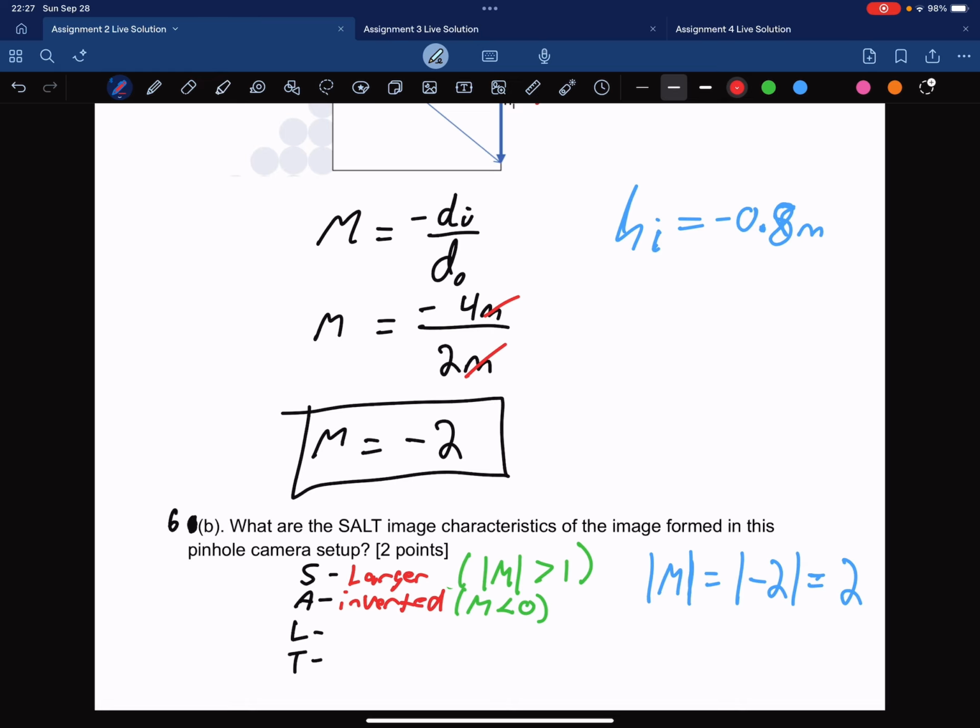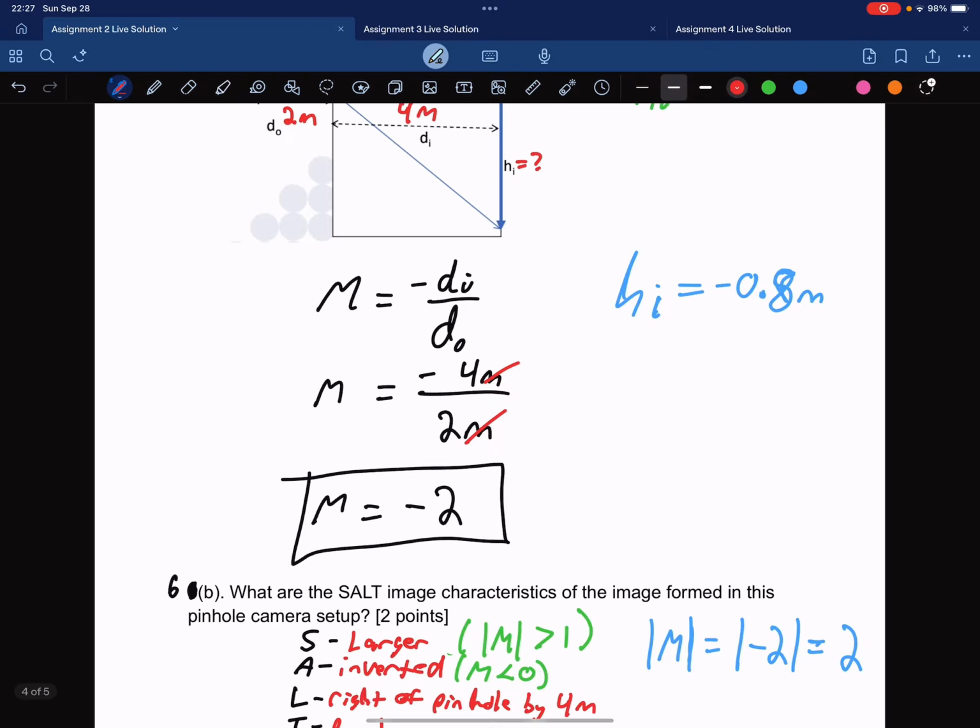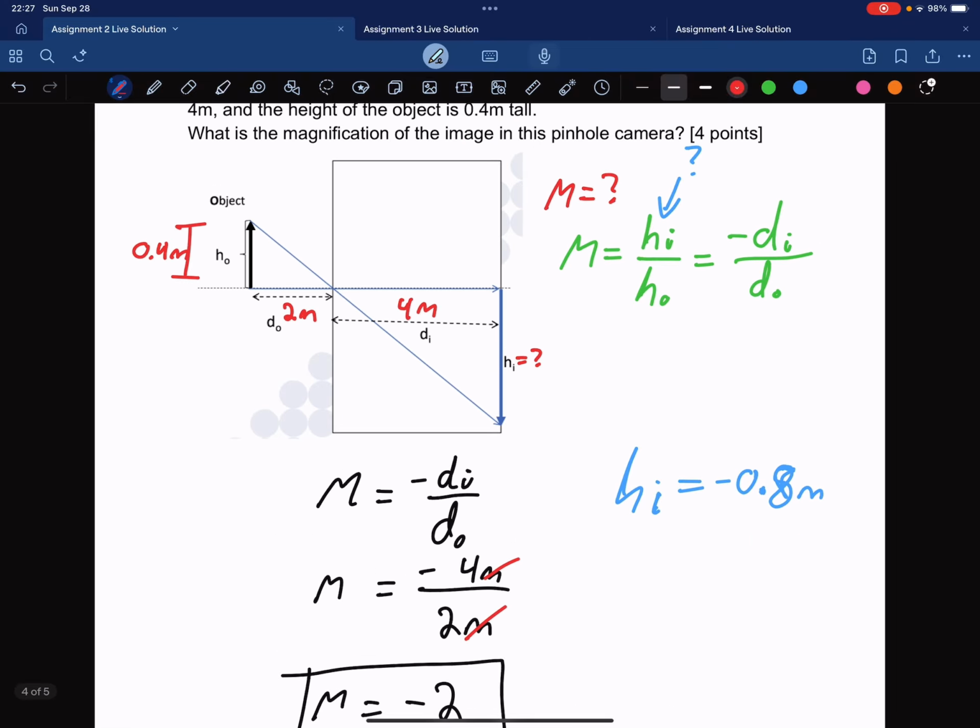Location, this is behind pinhole or right of pinhole by 4 meters. And the type in this case is real. The real light rays going from the object collide with the real image.